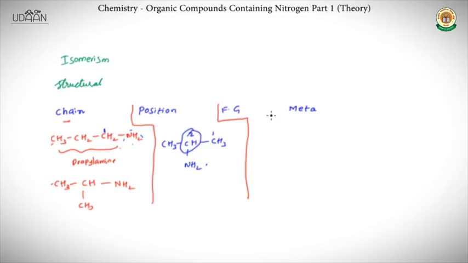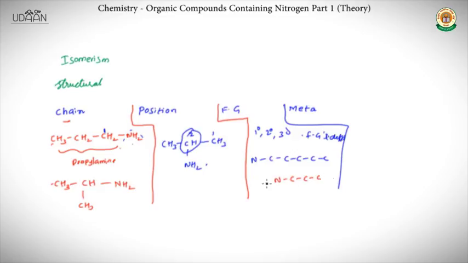So let us see how the amines exhibit functional group isomers. You know that primary, secondary and tertiary amines are functional groups which are different. So if you have a compound, say N with five carbons, it can have a structure like N with 3 carbons here and 2 here.